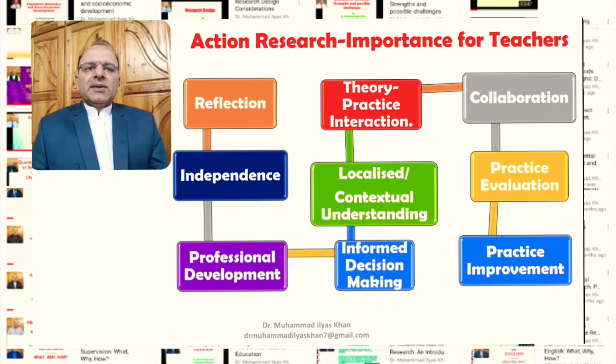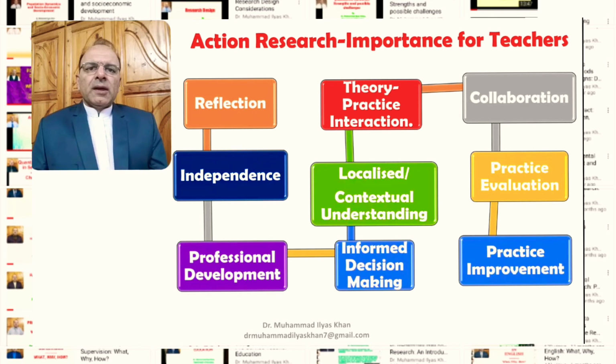Then practice evaluation. Action research helps teachers in continuously evaluating their practices, in continuously evaluating the teaching learning process, in continuously evaluating the teaching styles or the teaching methods that they use, continuously evaluating the way they interact with other colleagues, the way they interact with students.